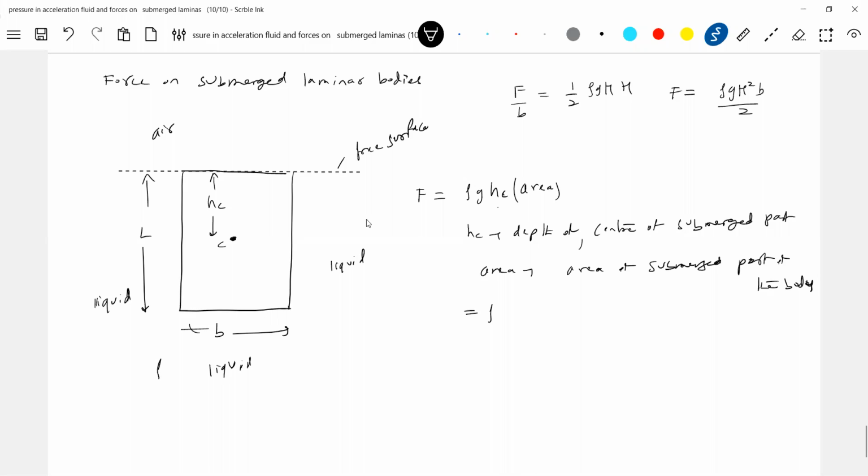Okay, let's do one thing. Rho g. What is HC? It should be H by 2. What is area? Area is L into B. In place of H, I should write L, no?